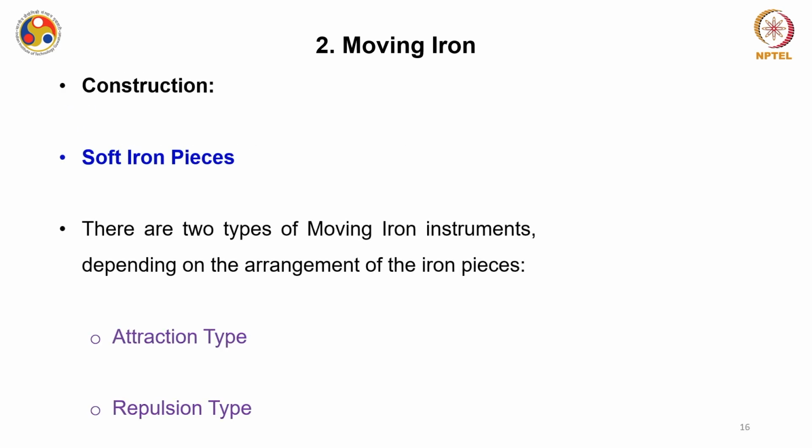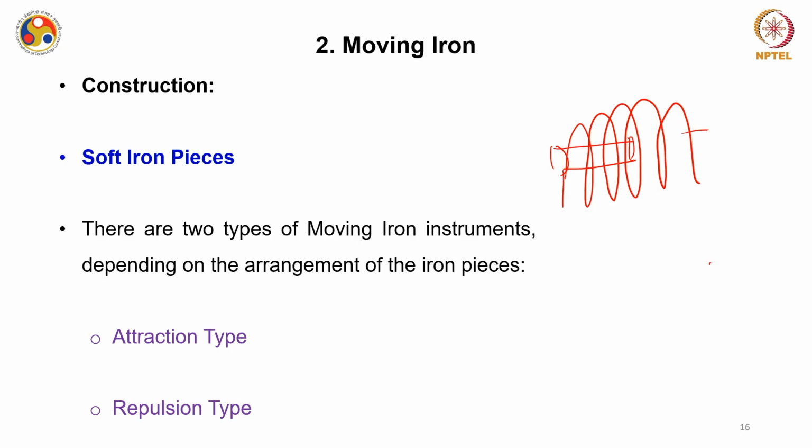Now you have a soft iron piece. The idea is you have a coil which is wrapped over here, and say there is a current flowing through it. Now you will bring soft iron.